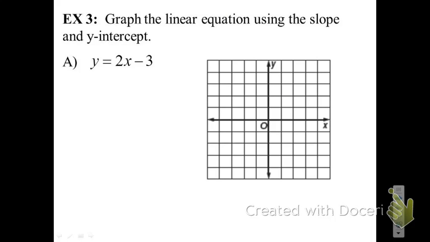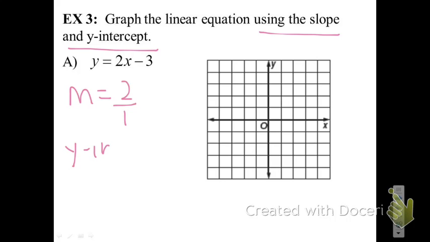Okay, so here is our first example. We're going to graph using, and this is important when you read your homework, the slope and the y-intercept, so read your directions carefully. This is already in slope-intercept form, so all we have to do is pick out those values. The slope is the value that's next to x, so it's 2, and we like to write it as a fraction, 2 over 1.